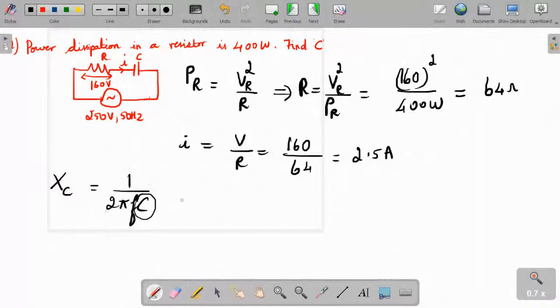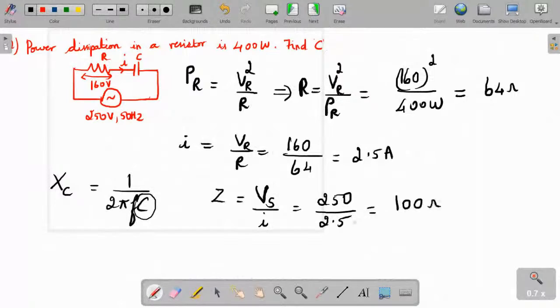What about the impedance Z? Z is equal to the total source voltage divided by the current. This is the resistor voltage, this is the source voltage. So it is 250 divided by the current, 2.5 ampere. So what will be Z? Z will be 100 ohm.